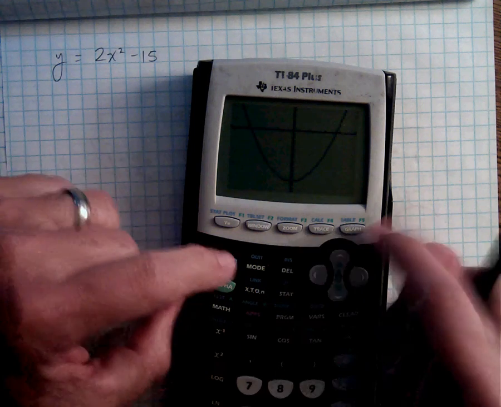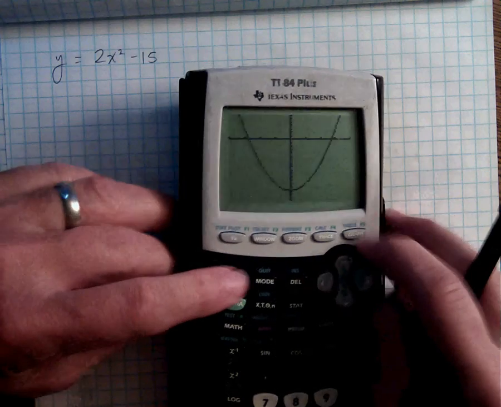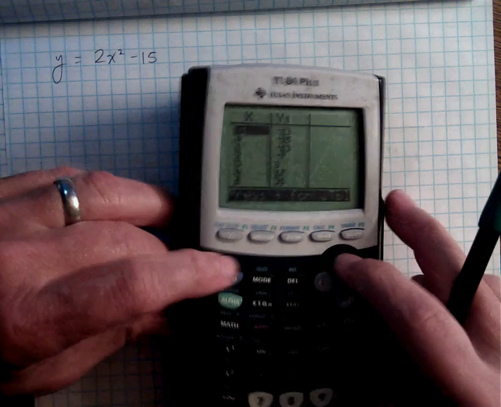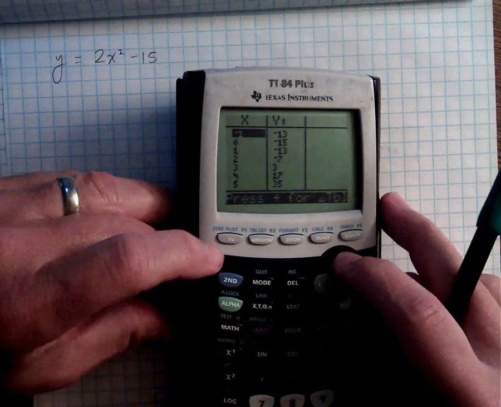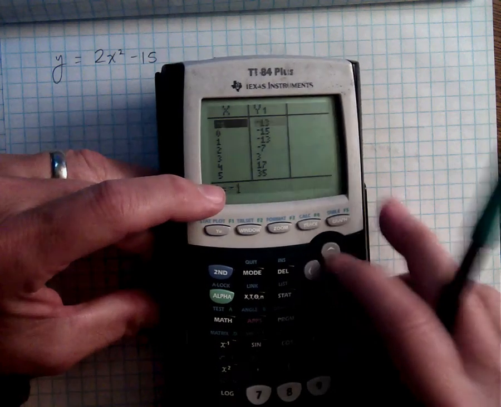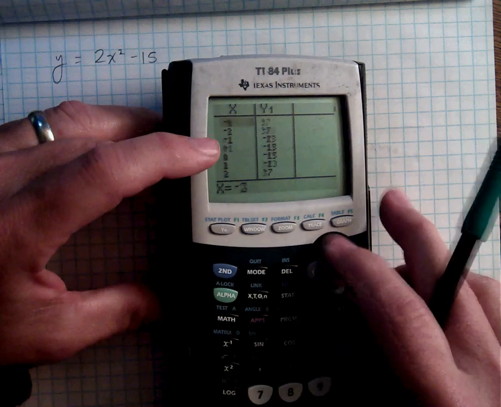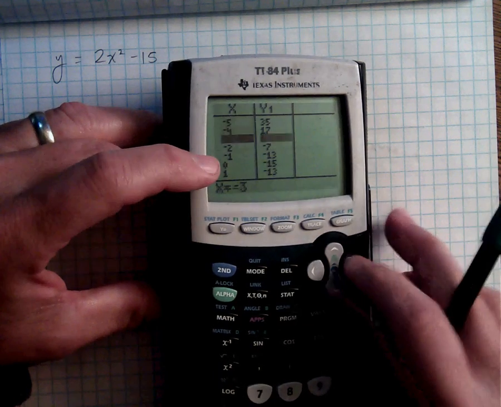So it wanted me to use the table values, it said, right? So if I go to my table, what do we see? Well, right here I'm at when x is negative 1, and it's negative, right? So right here is where it changes from positive to negative.